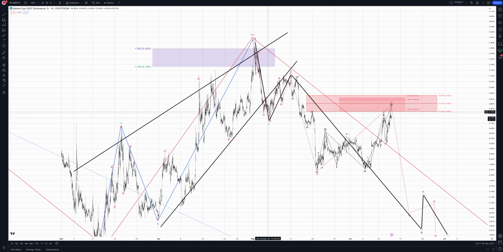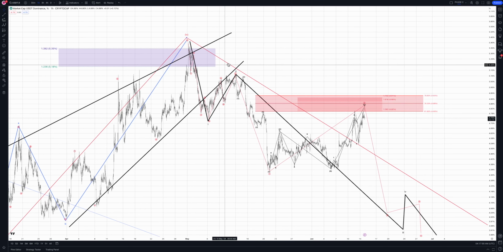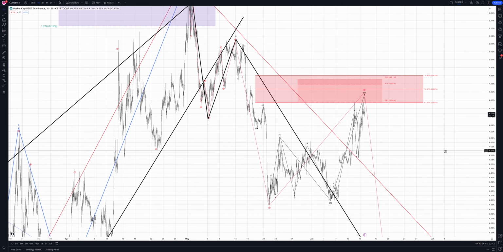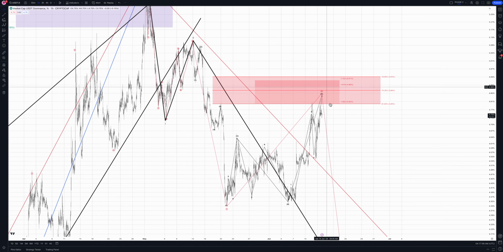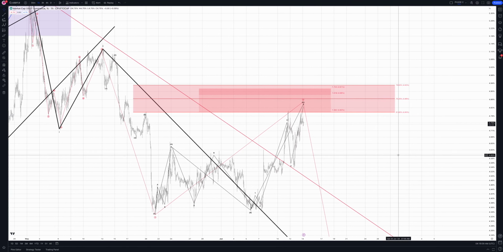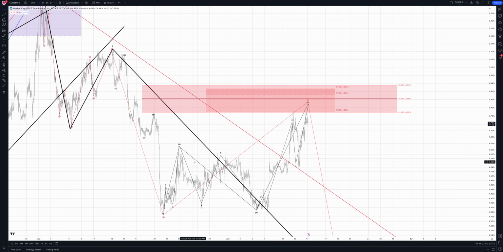Then we break down for our wave 1, backtest the wedge for our wave 2, and now we're still within our wave 3. It looks like we're within a sub wave 2 of 3, okay? And within this sub wave 2 of 3, we have a 3-wave move up, 3-wave move down, and a 5-wave move to the upside. And it looks like we just have a little bit more to go up here.